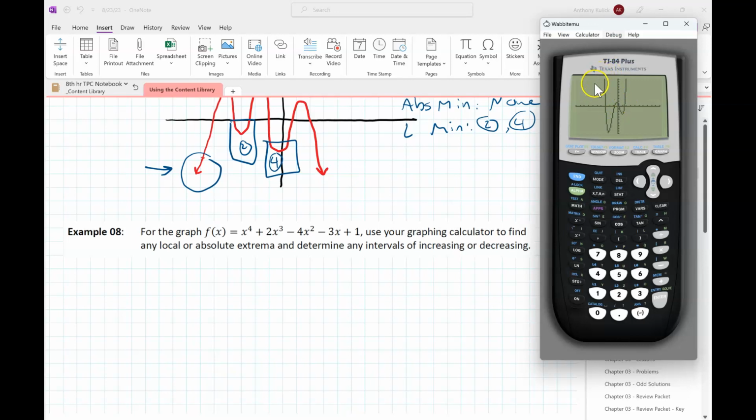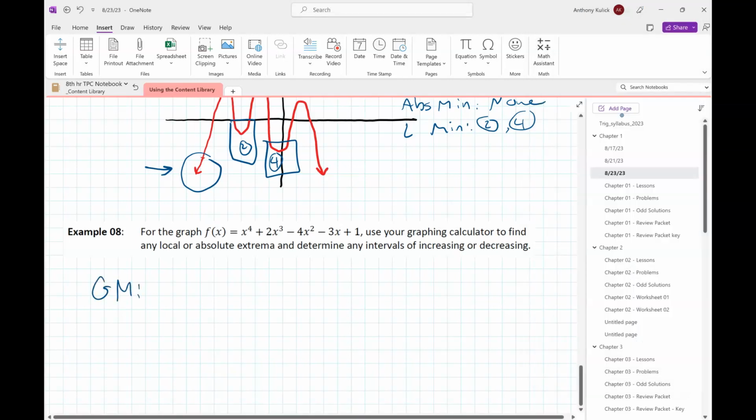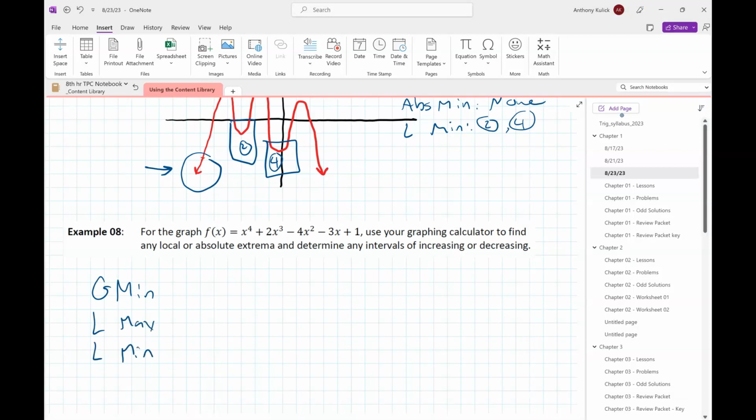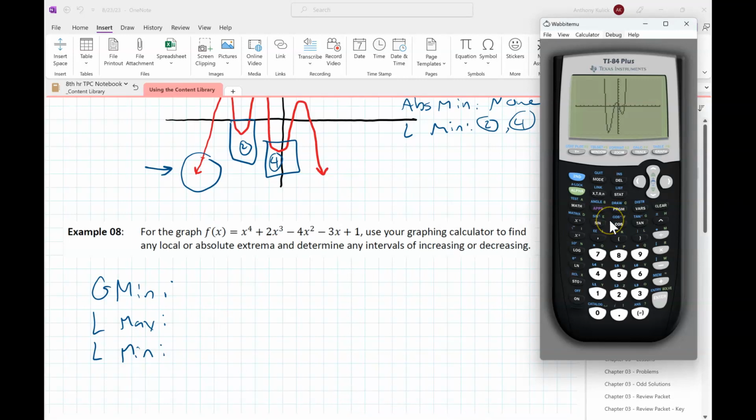Because there's parts that are higher, like look at the ends pointing up. And then this one over here is a local min, right? So I'm going to write down the points that those 3 things are at.